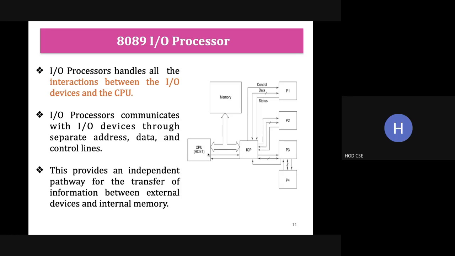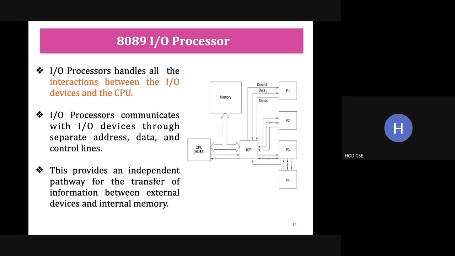Suppose it is executing a scanf statement, at that time it would want to interrupt the IO processor. If the next statement is a printf, at that time also it has to interrupt the IO processor. So every time while executing an instruction, it would have to interrupt the IO processor. Actually, that is not feasible.